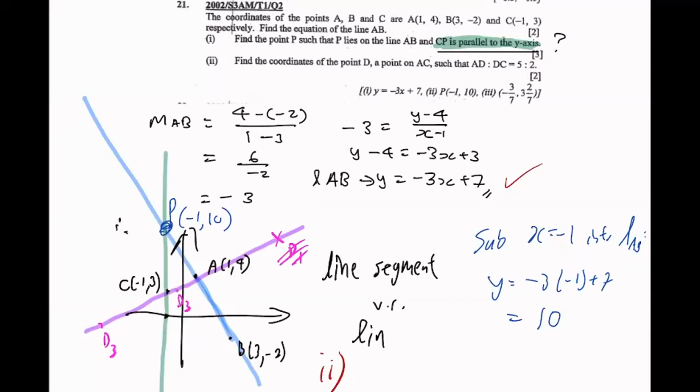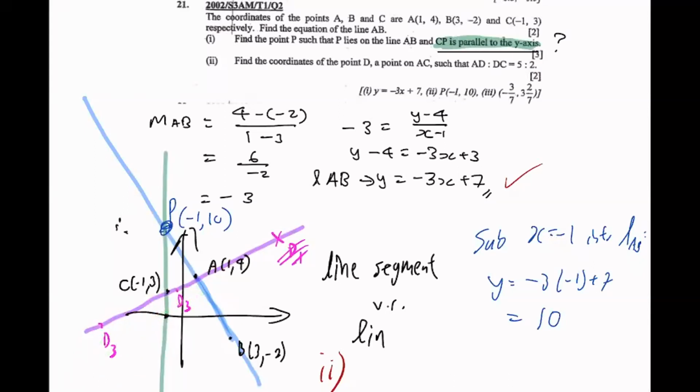Is that possible? Also possible. So that means you know already that point D should be somewhere below the blue line, in the southwest direction.